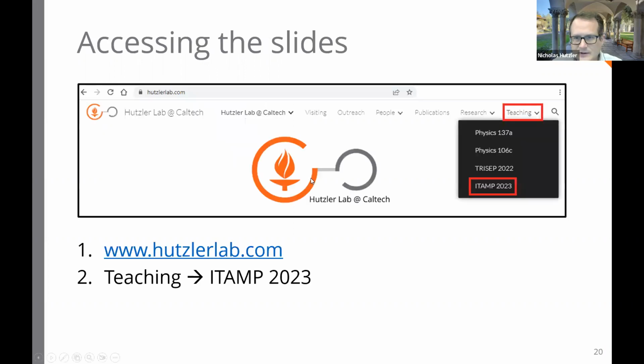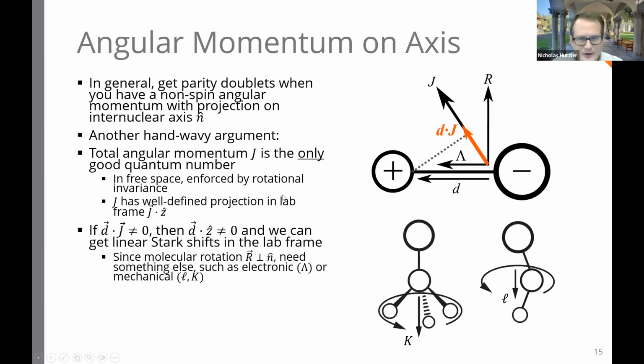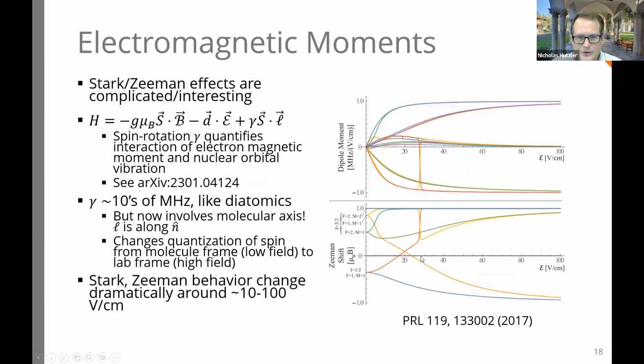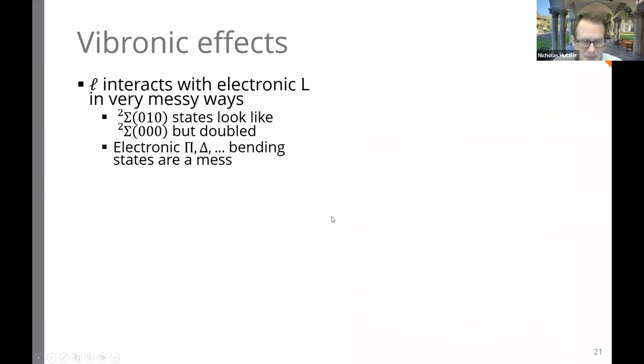We talked about how that was very useful, because that is intuitively what gives you the parity doubling and high polarizability. So this angular momentum around the symmetry axis is very useful, but it can also give you some complexity. With the electromagnetic moments, it gives good complexity, like tunability and controllability, but it also gives some unwanted complexity. In particular, this angular momentum interacts with the electronic orbital angular momentum L, if there is any, in very messy ways.